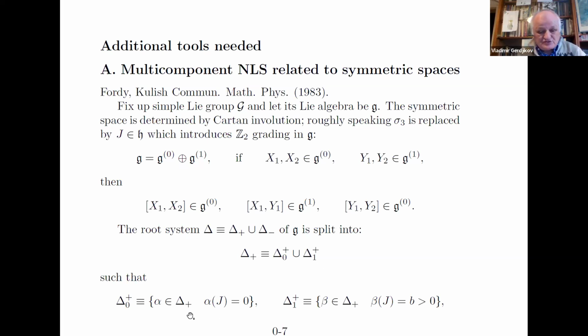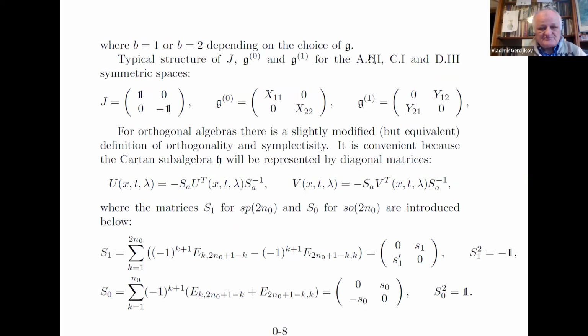Delta 0 plus are the roots for which alpha of J is equal to 0. And actually, these are the roots corresponding to the block diagonal part of the corresponding elements. Delta 1 plus is the set of roots that have non-zero effect on J: beta of J equals some constant b, which is positive and which may be equal to either 1 or 2, depending on the choice of the algebra.